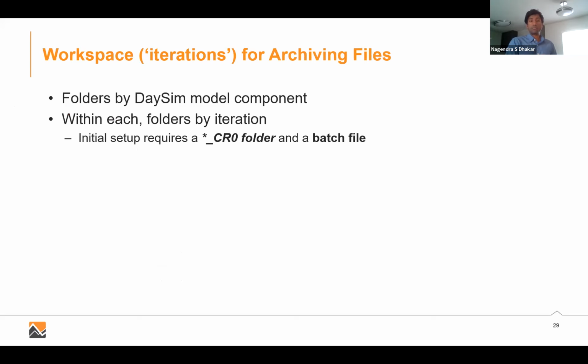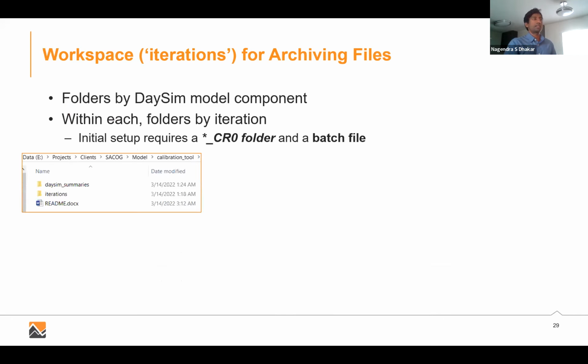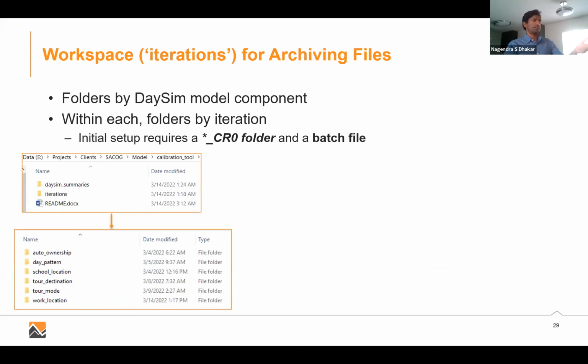Now, the workspace includes different folders for different model components that you want to calibrate in your calibration process. Those are the 6 different models that we calibrated as part of this project.